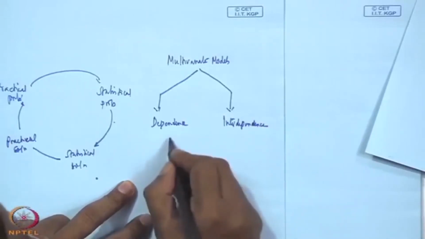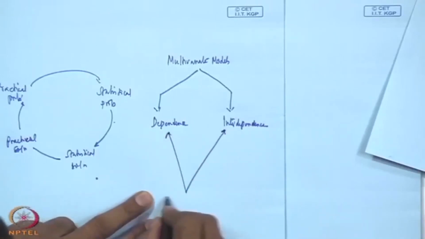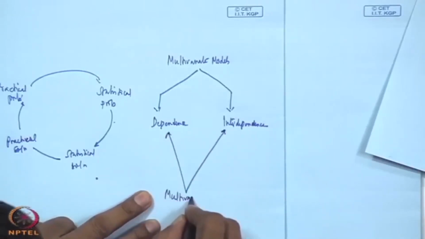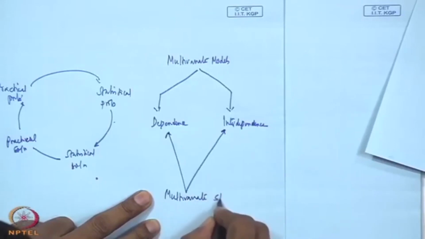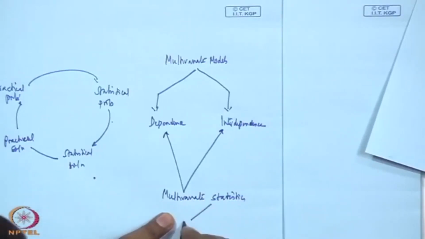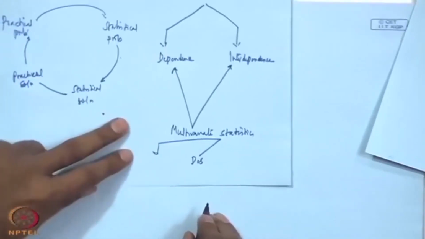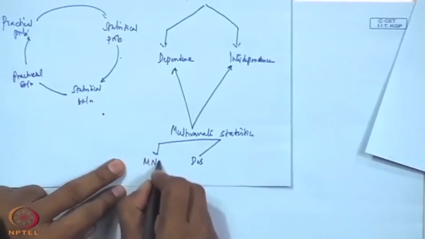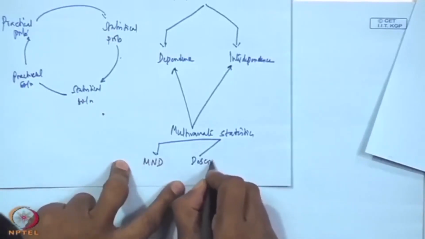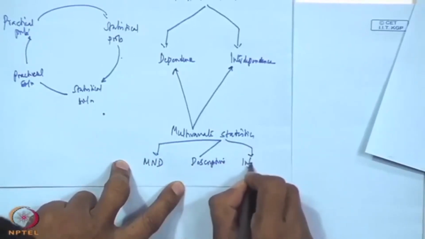But please keep in mind that these two will not be fully understood if you do not understand multivariate statistics, mainly the descriptive statistics part. Three things you have to understand here. These three things are multivariate normal distribution, descriptive statistics and inferential statistics.